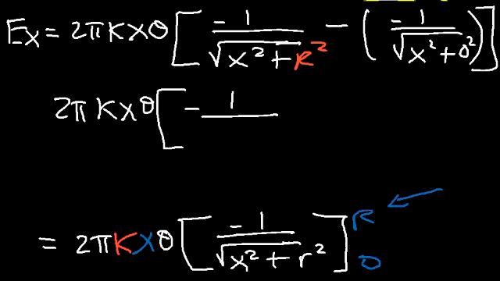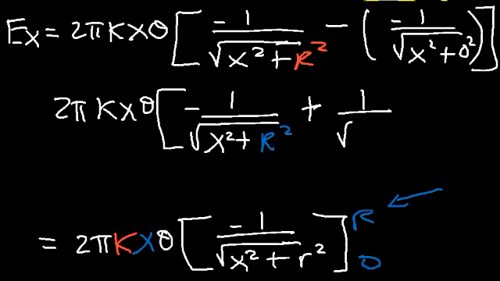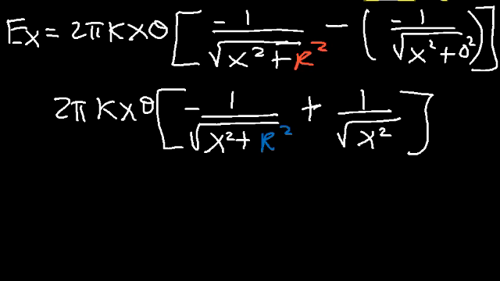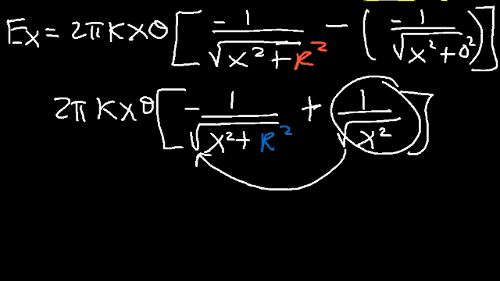So we have negative 1 over the square root of x squared plus r squared, and then plus 1 over the square root of x squared. The square root of x squared is simply x. And since this is positive, I'm going to move it to this side.